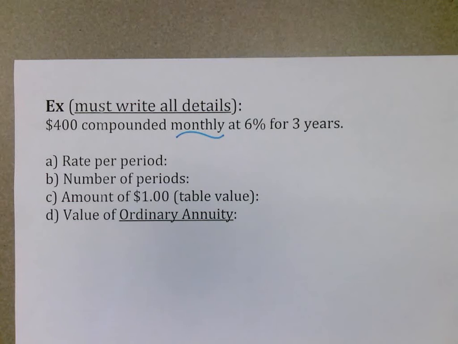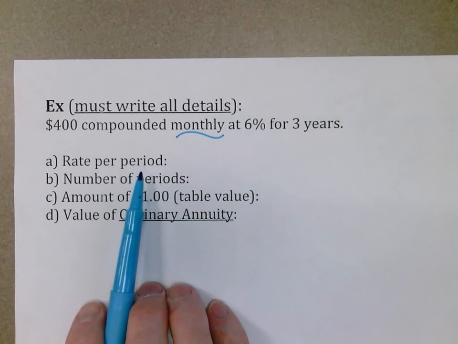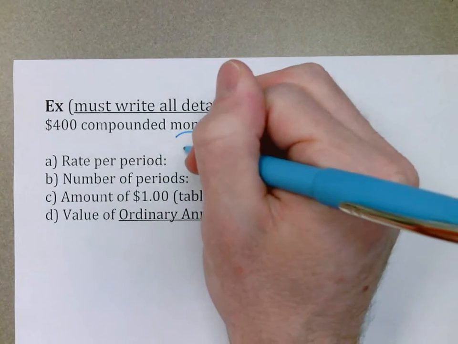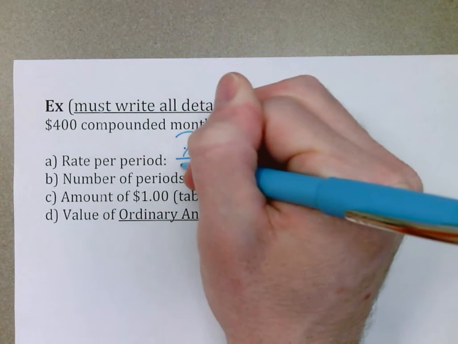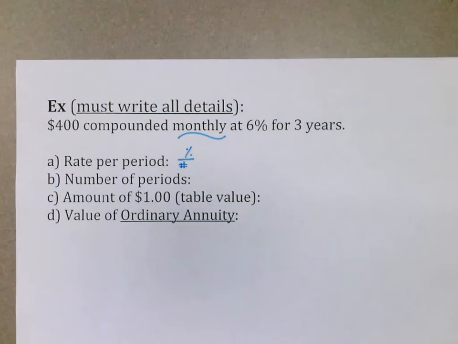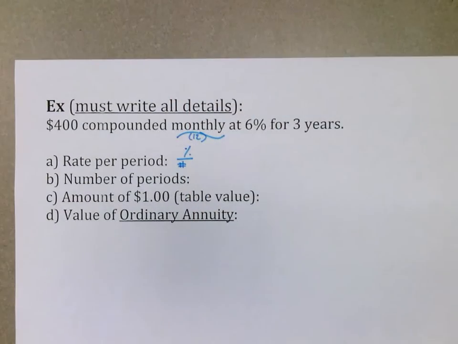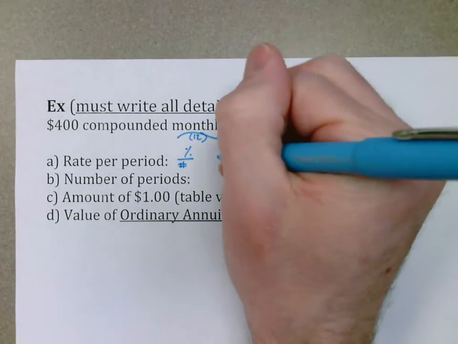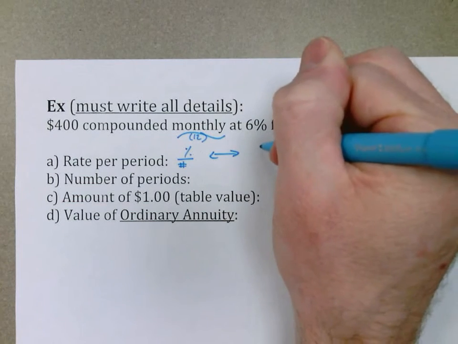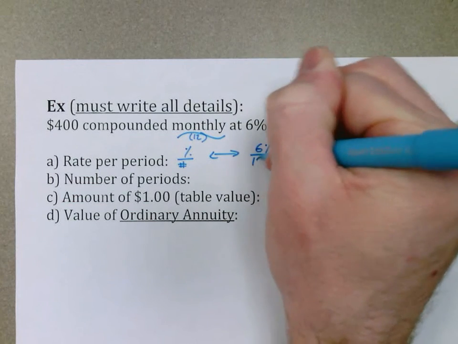Here we go. The rate per period. Now remember, this is where we do the percentage divided by the number of cycles in a given year. When I see the word monthly, I'm telling myself that's 12 per year. So along the top of the table, we will be looking for the 6% divided by 12.